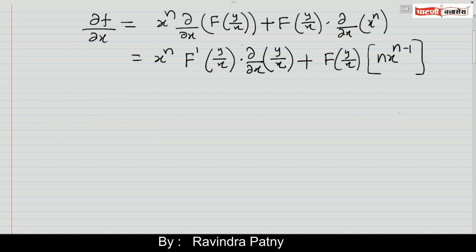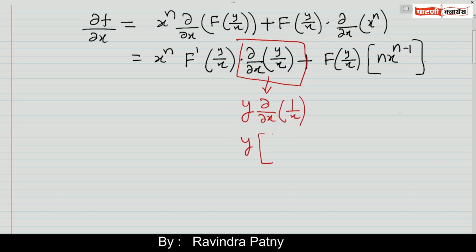In the next step, what I am going to do here is change it. Here y is there, so y will be coming out because we are doing partial differentiation with respect to x. Therefore, partial differentiation of 1 upon x is minus 1 upon x square, so it will become minus y upon x square.